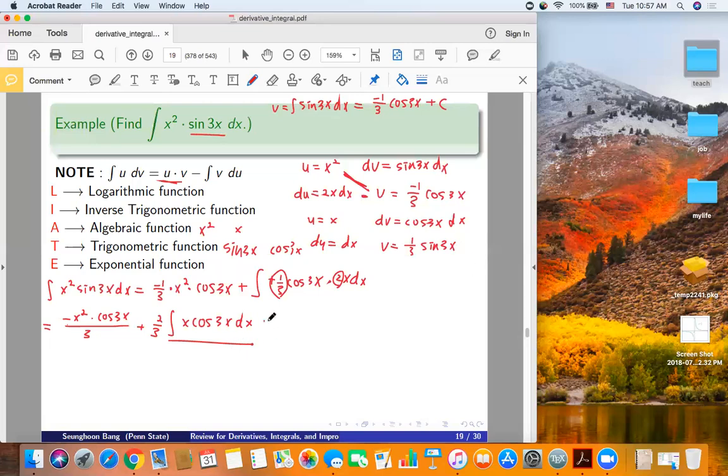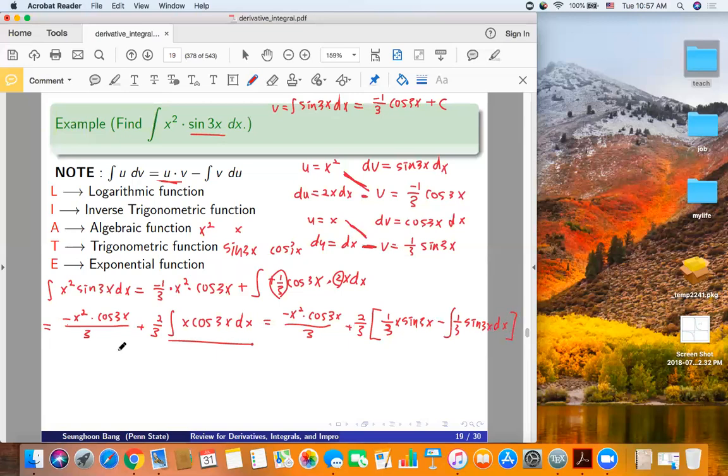So we keep negative x squared times cosine 3x over 3, plus keep 2/3 times, in brackets, u times v, the x times 1/3 sine 3x, minus the integral of v times du, the 1/3 sine 3x dx.